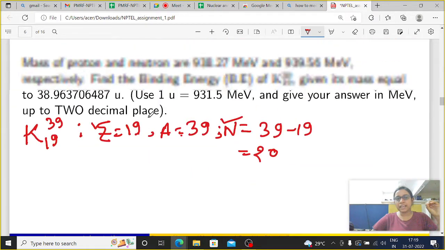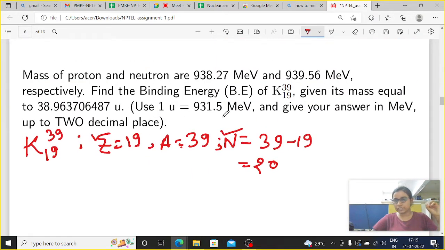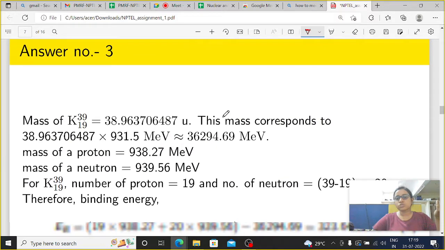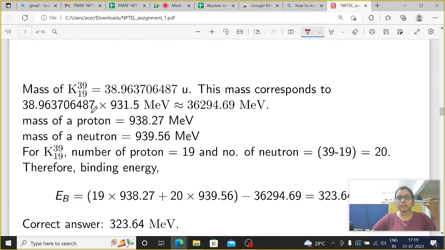As it is given that 1 U equals 931.5 MeV, we multiply 38.963706 by 931.5 MeV to get the mass of potassium in MeV. The result will be 36294.69 MeV.